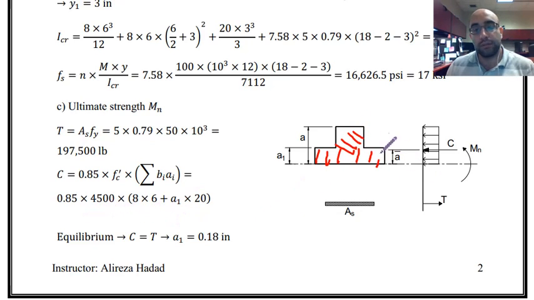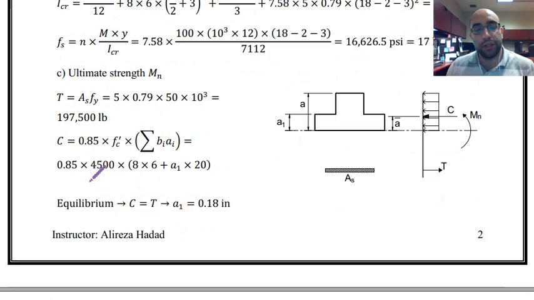The first area is just this top rectangle, that is 8 by 6, and this bottom one is A1, the value that we don't know. We don't know how much it is extended to the bottom portion of the section, multiplied by this width, which is 20 inches. So based on that, I'm going to consider equilibrium.